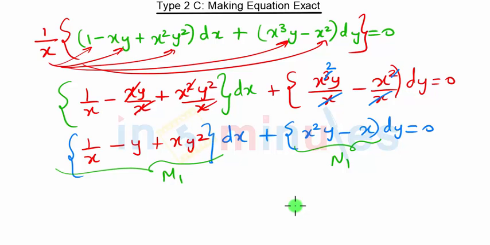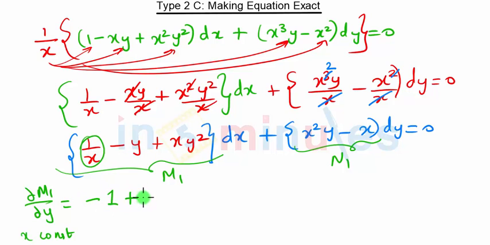Again we are going to find the partial derivative of m1 with respect to y. Here x will be constant, so 1 upon x is constant, so its derivative is equal to 0. Derivative of y is 1, plus x is constant, so it will remain as it is, and derivative of y square is 2y. So this value is nothing but minus 1 plus 2xy.